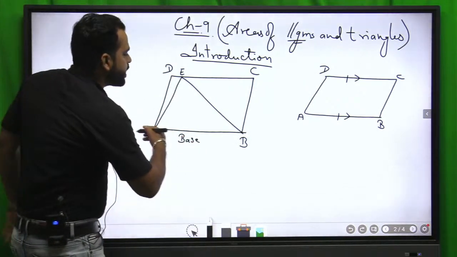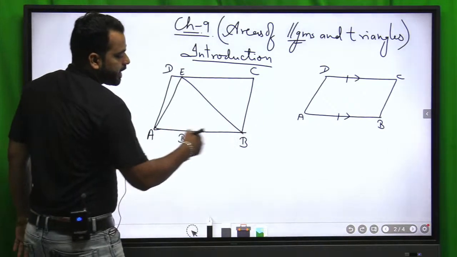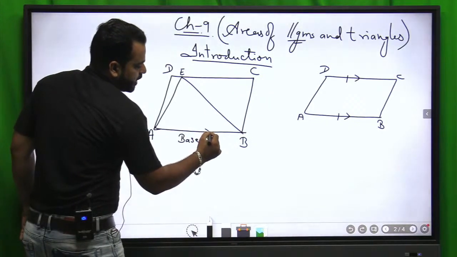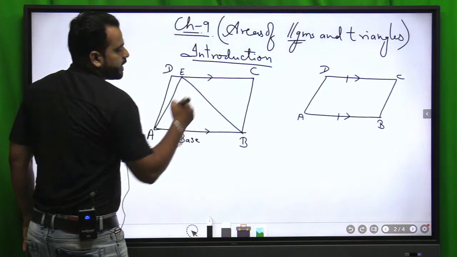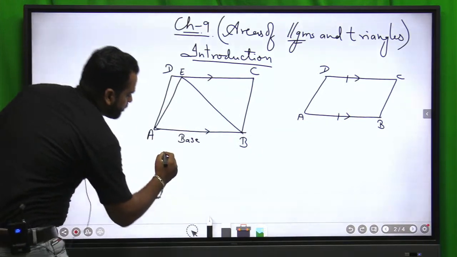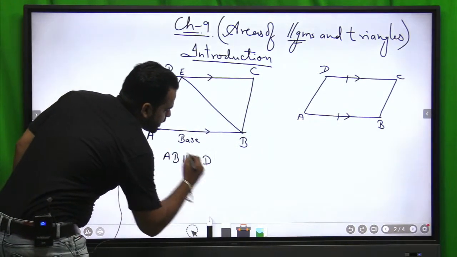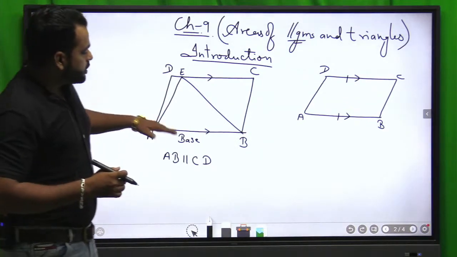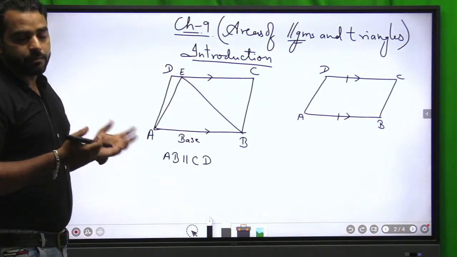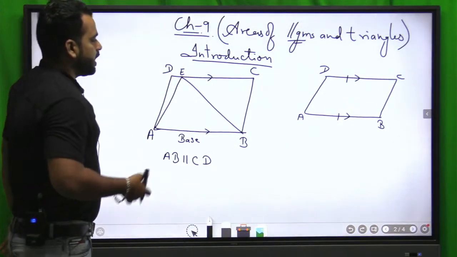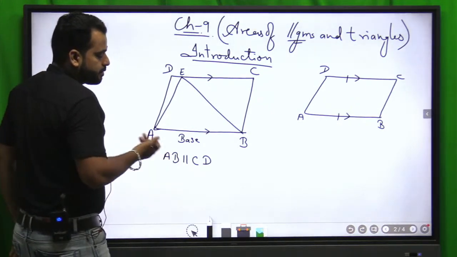If AB is the base and we know that ABCD is a parallelogram, then AB is parallel to CD, right? This one pair of opposite sides is parallel as well as equal, because it is a parallelogram.